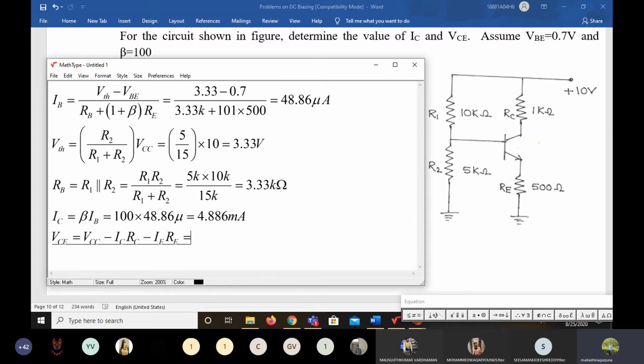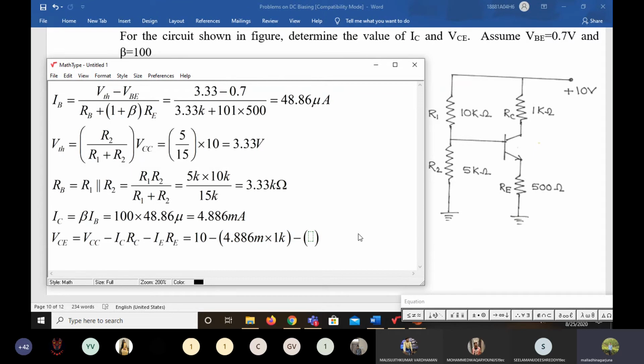So the total voltage minus the drop across RC minus the drop across RE gives you the voltage drop across collector to emitter. So this is 10 minus IC, which is 4.886 milli, into RC, which is 1K, minus IE into RE.